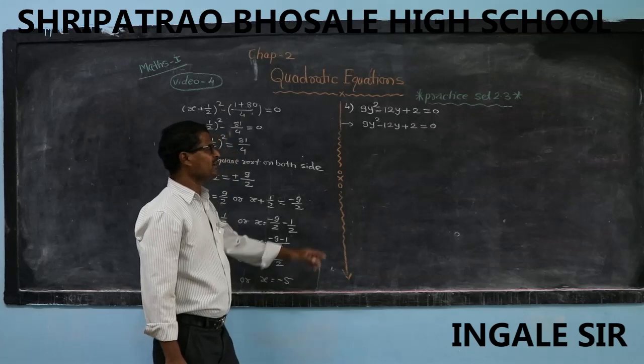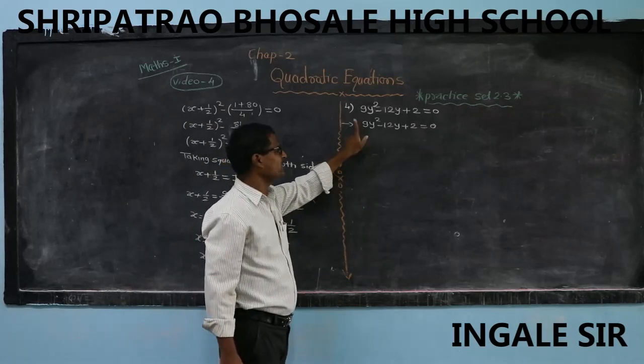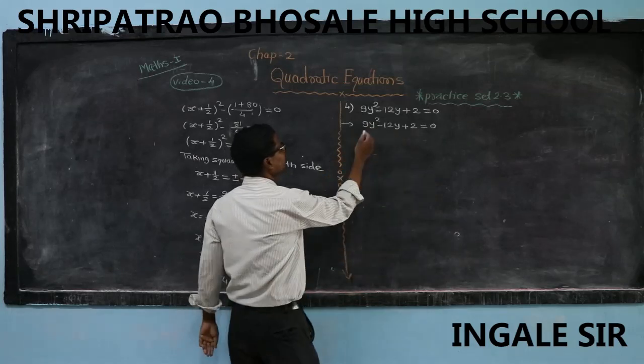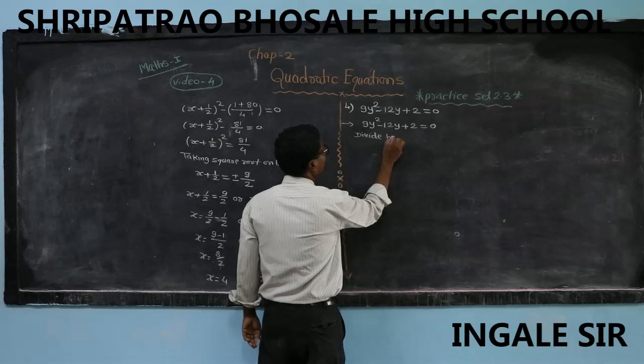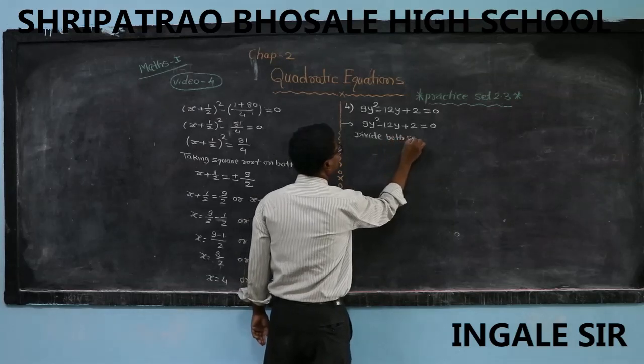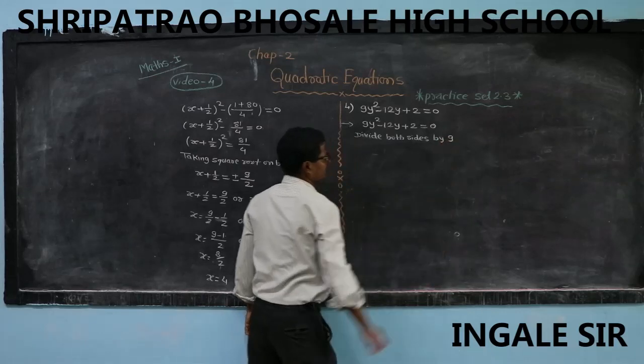Here we see that 9 is the quadratic coefficient, so first we have to eliminate this. Divide both sides by 9.